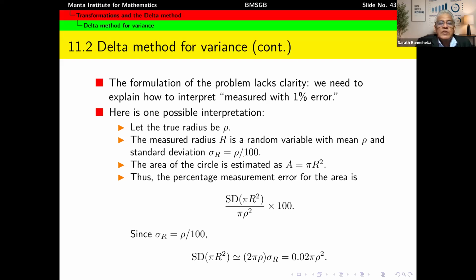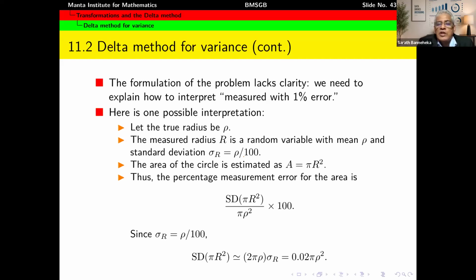Therefore, if you want to get the percentage measurement error for the area, and if you take the error to be the standard deviation, what we are interested in is the standard deviation of A divided by the actual area, which is unknown, times 100, right? This will be the error relative to the actual area times 100, which will give you the error percentage in that case.